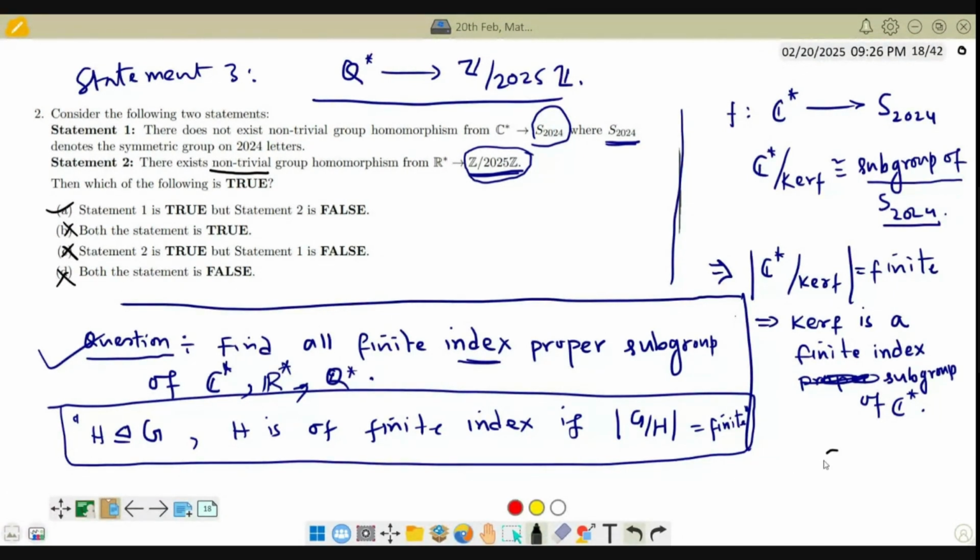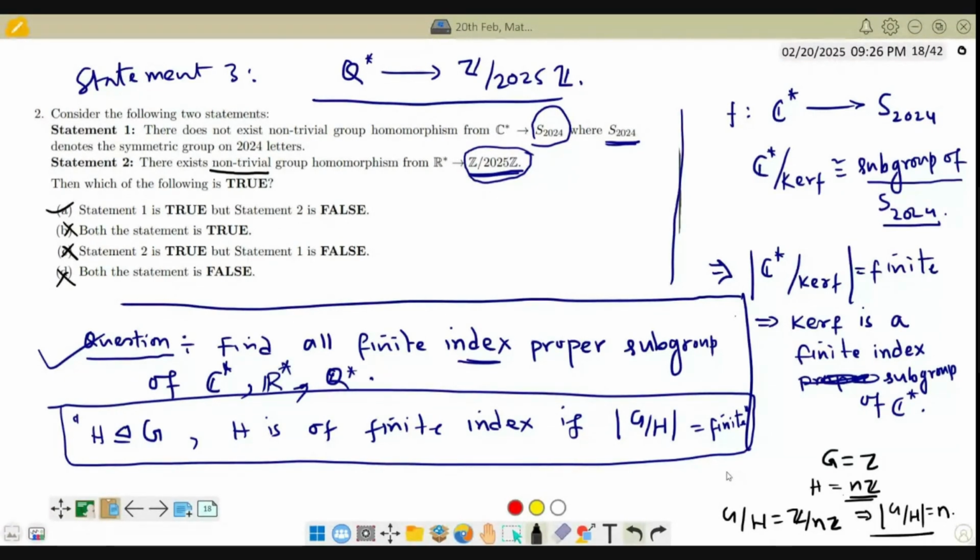For example, take G to be Z, H to be NZ. They are infinite, but G quotient H is Z mod NZ, with cardinality N. So you can say that NZ is a finite index subgroup of Z, because the index is finite.